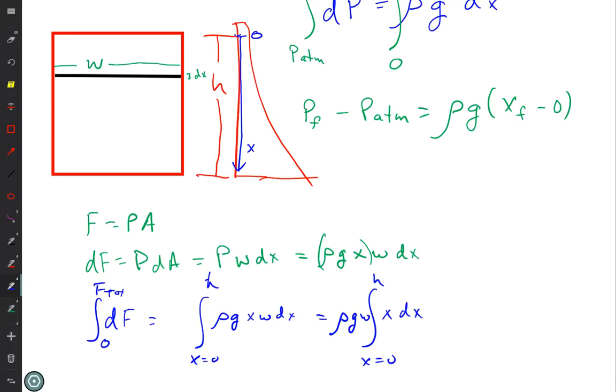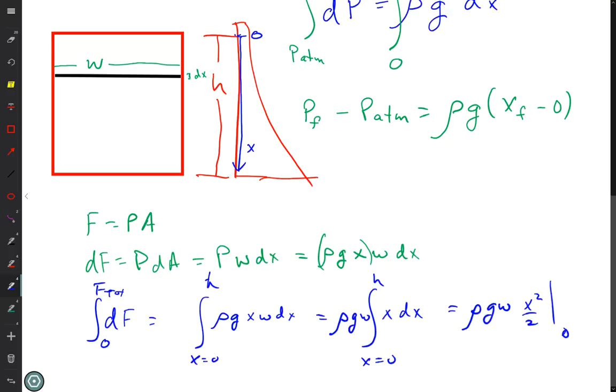That's not a hard integral, right? So we can all just do that pretty much in our heads, x squared over 2 with my limits from 0 to h. So that's rho g w h squared over 2. And that's equal to the force total.